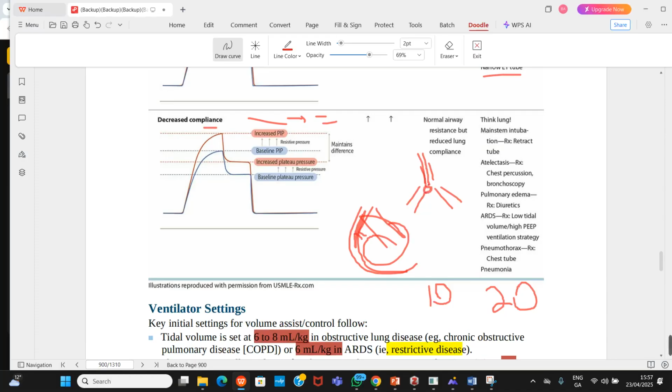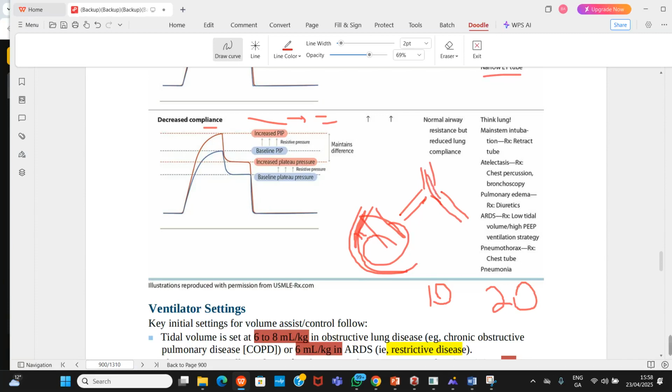If you look at the lung, this is the trachea, bifurcating into the main stem bronchi, the right and left. Ideally, we're supposed to put the tube 2 to 3 centimeters superior to the carina. This is the carina, the point of bifurcation. The tube is supposed to be here, so that I can have air moving like this, moving like this.